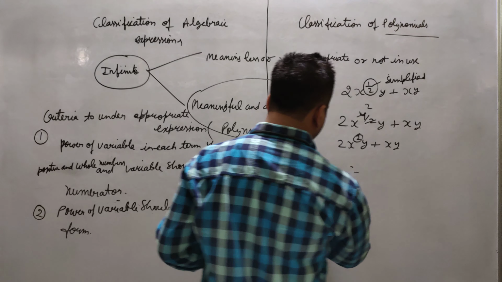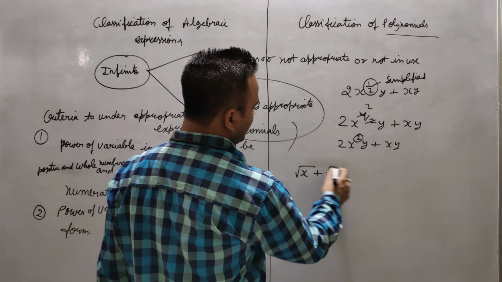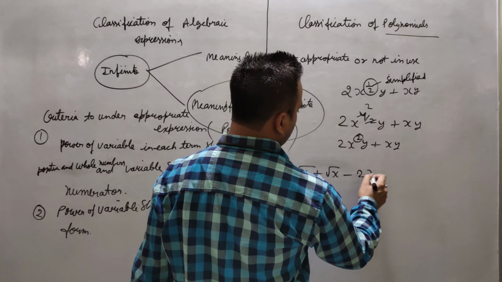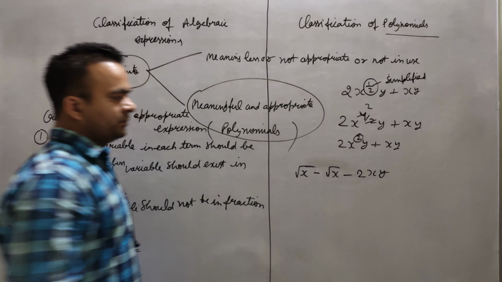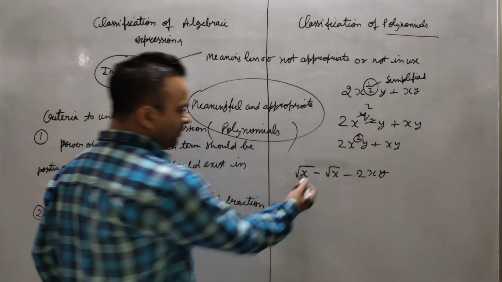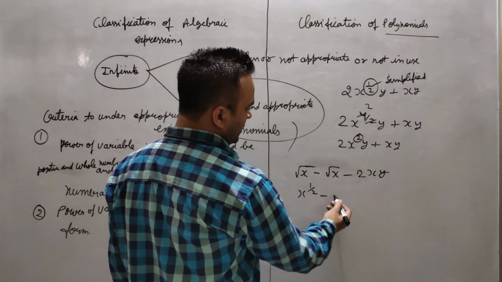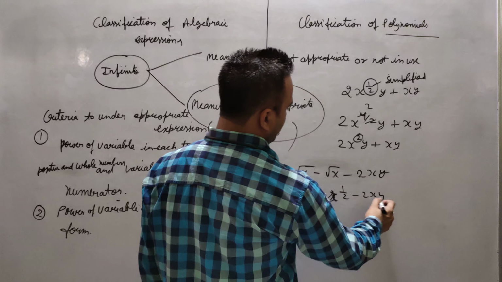Suppose for example, I am giving you one more example here. Suppose I am having root x plus root x minus, right, 2xy. So what is the power of x? The root is always written as the power of 1 upon 2, so 1 upon 2, 2xy.